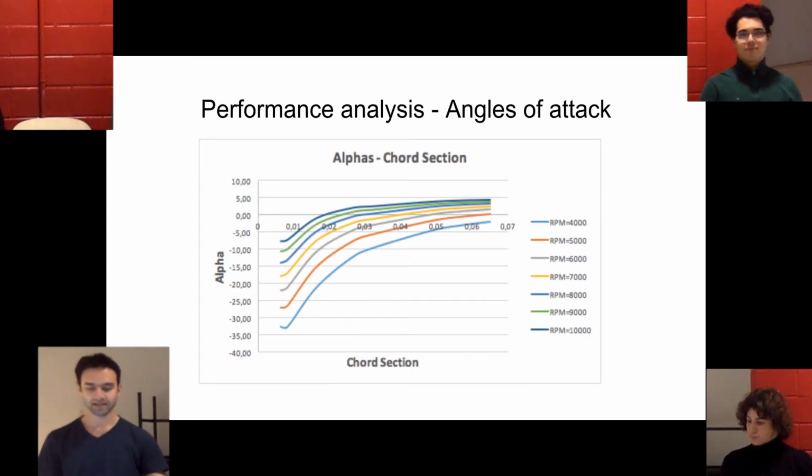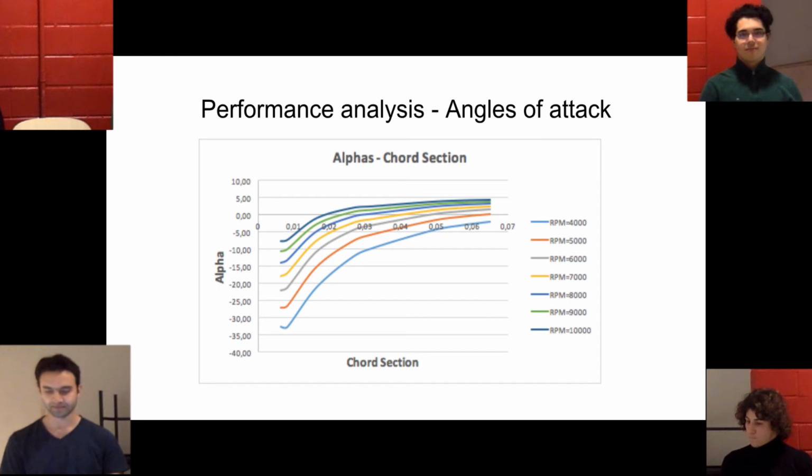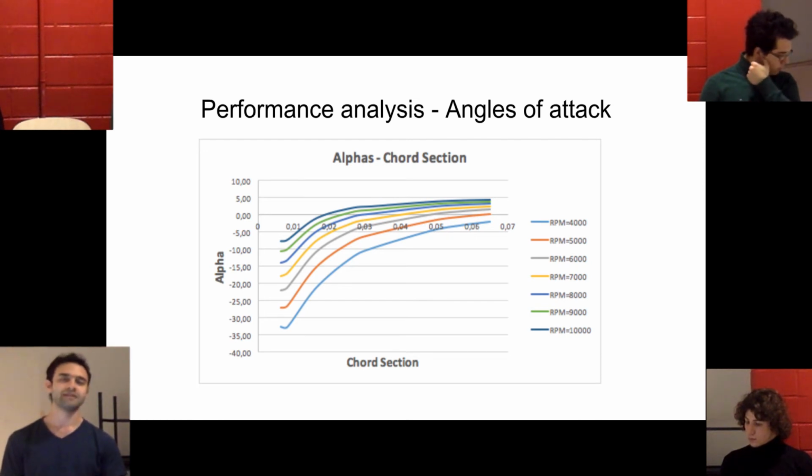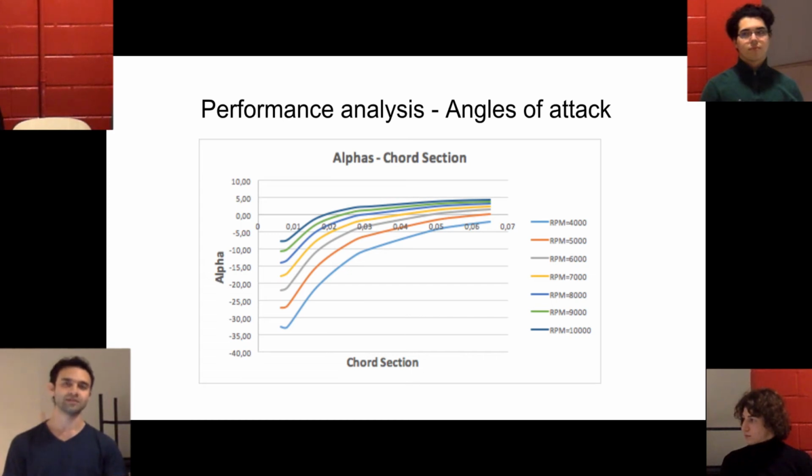Okay, in this graph, basically we can see the distribution of the angle of attack alpha along the radius of the propeller for different RPMs. We can see that at low RPMs, the alpha distribution is going to be almost negative along the radius. As we increase our RPM, these values start increasing as well, reaching positive values.